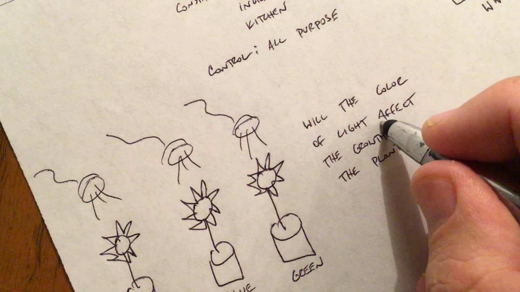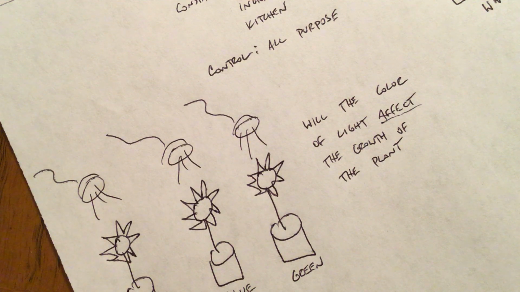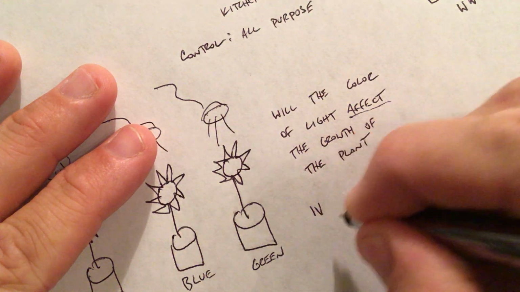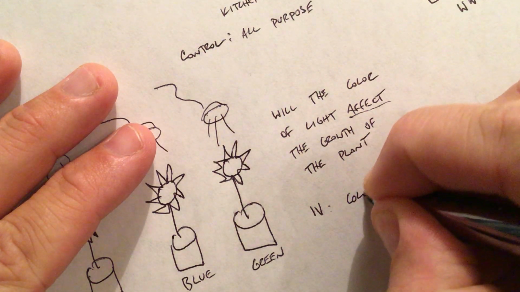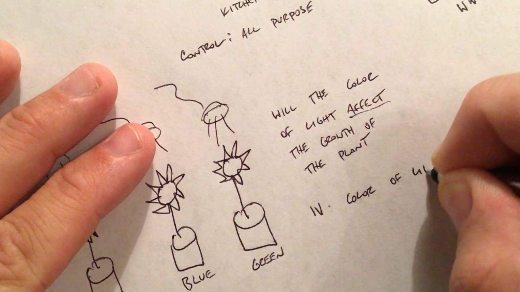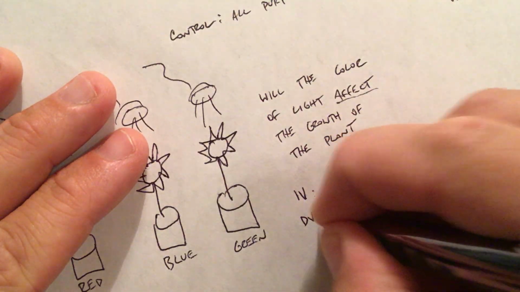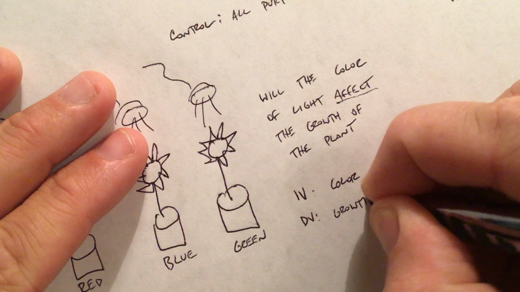And affect is a clue for finding IV and DV because IV has an effect on DV. DV responds or is determined by IV. So in this example, the IV is the color of the light, and the DV is the growth of the plant.